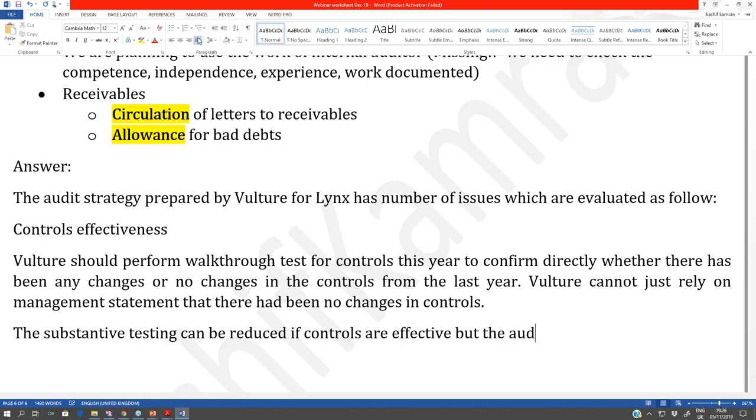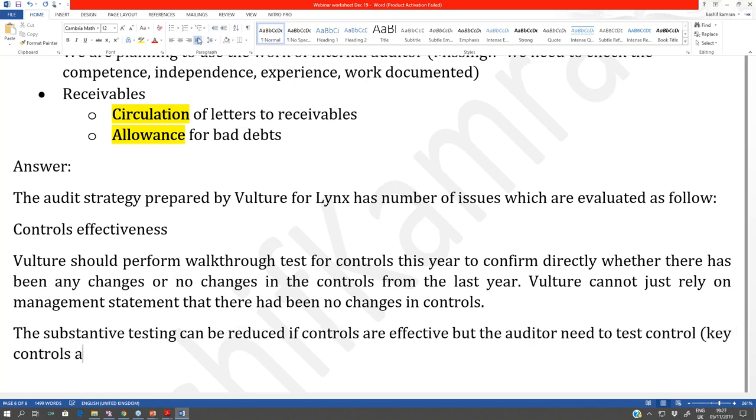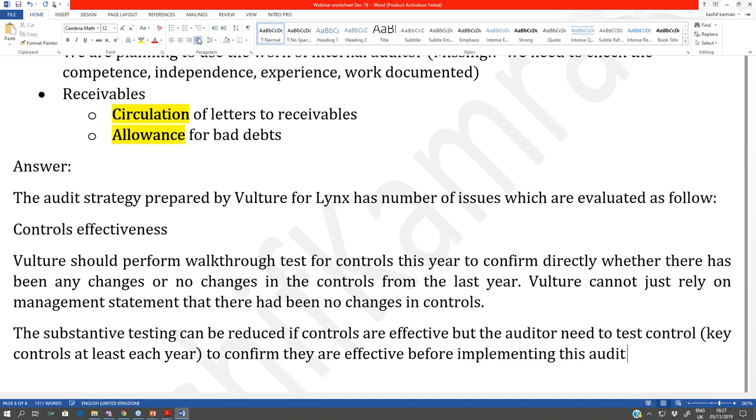but the auditor needs to test controls, key controls, at least each year to confirm they are effective before implementing this audit strategy.